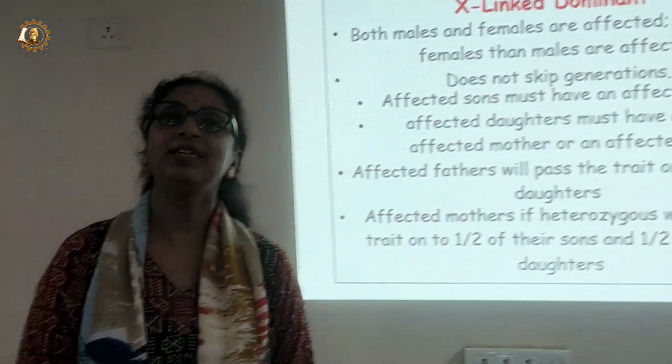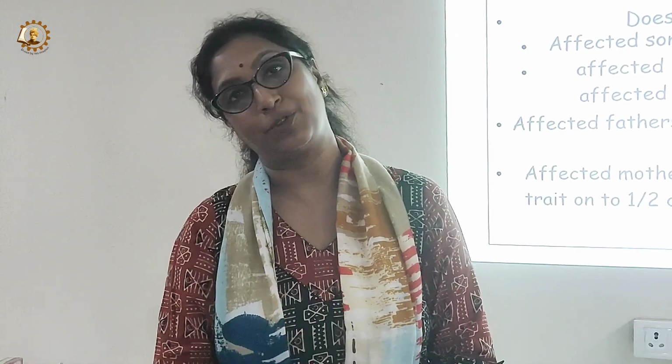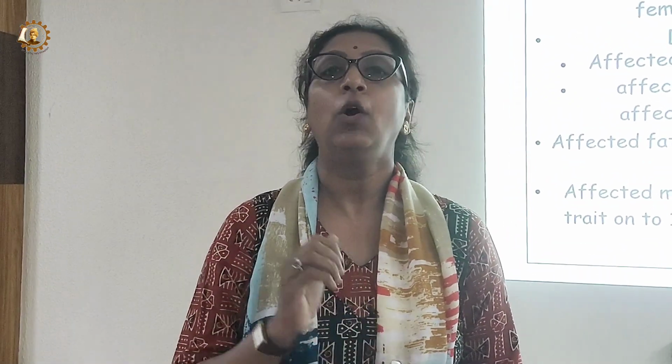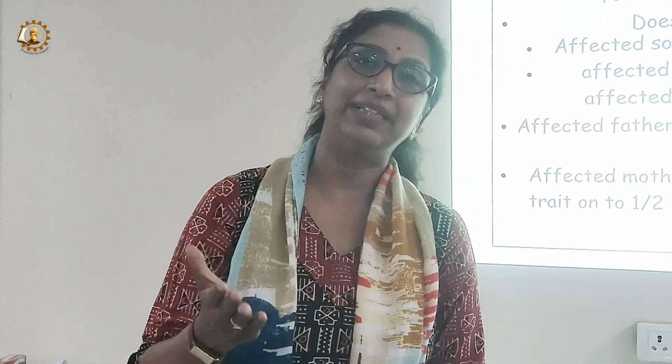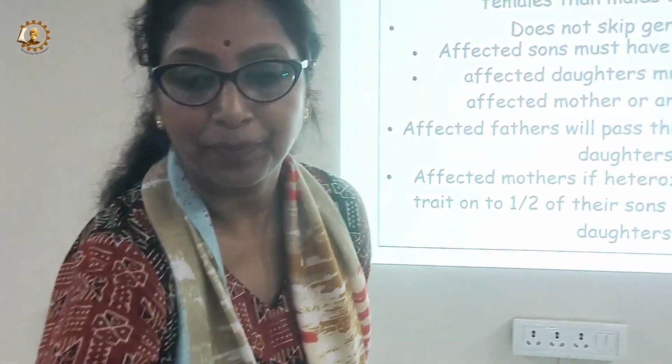So mother is basically playing the main part in the X-linked inheritance because mother is having 2X chromosomes. So both the offspring, whether they are male or female, they will receive at least one X from their mother.